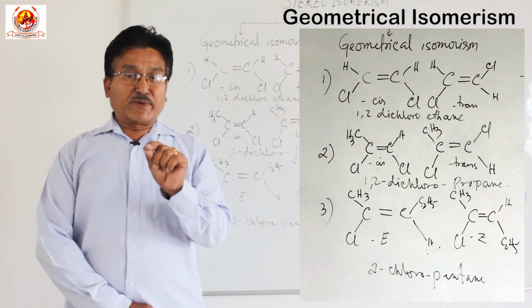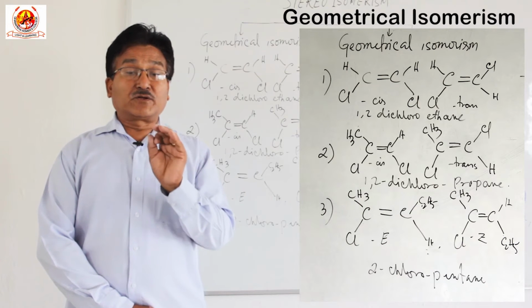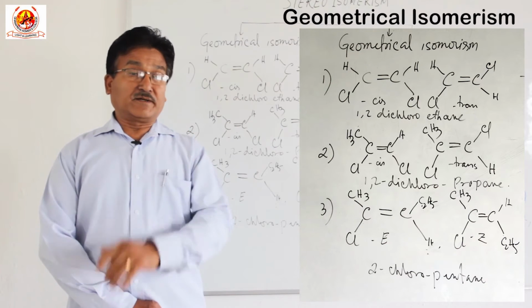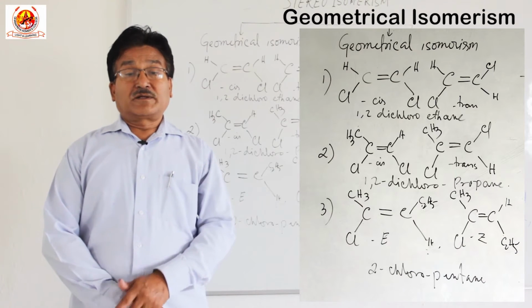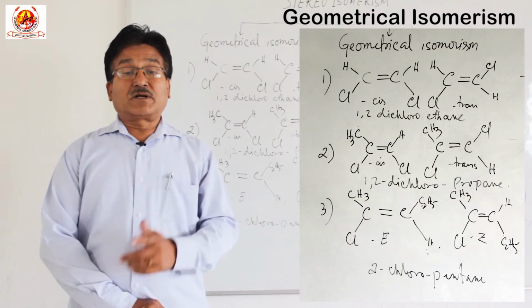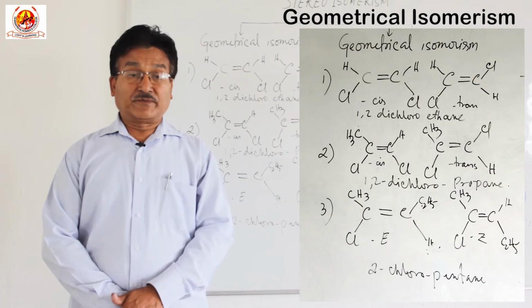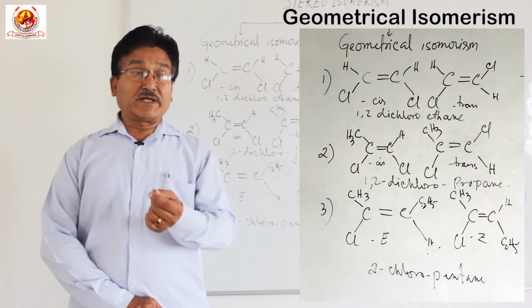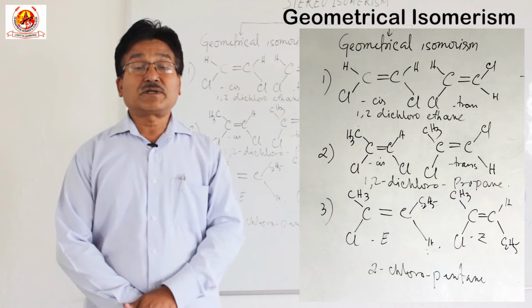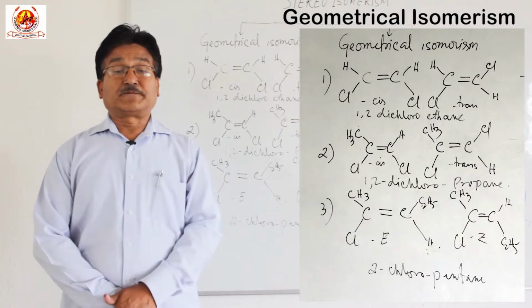This priority depends on the atomic number of the atoms attached to the carbon atom. Suppose on the left side you see chlorine and the methyl group. Chlorine is directly attached to the carbon, and in the methyl group carbon is directly attached to the carbon atom.